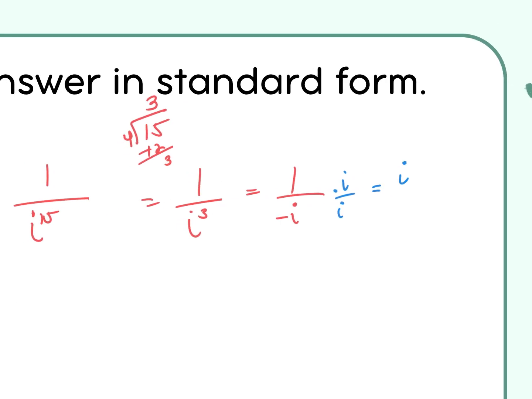So I get i on top over negative, what's i times i? i squared. So I have an i on top. What is the value of i squared? Negative 1 times a negative gives you what? A positive, just i.